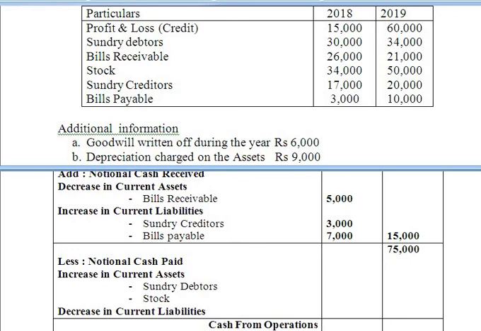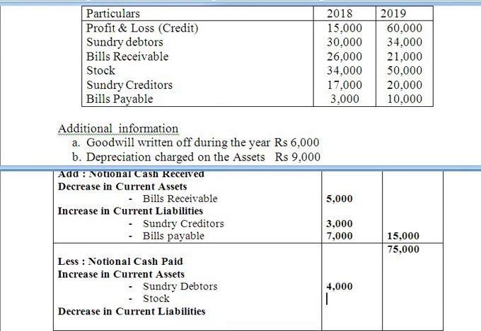From 30,000 it has become 34,000. So how much increase in the current asset, that is sundry debtors? 4,000. So right here 4,000. And next we have stock. How much increase in the amount of stock? 16,000. How? 34,000 to 50,000.